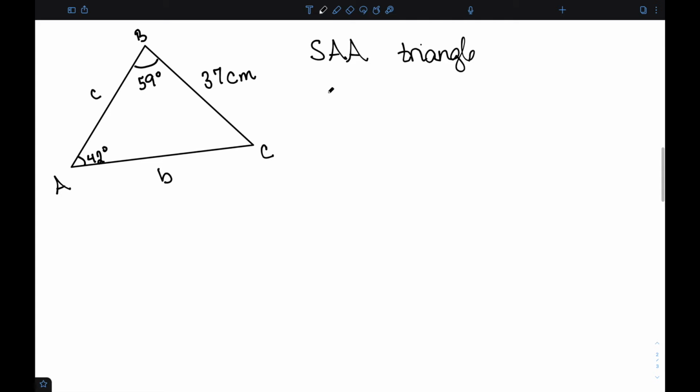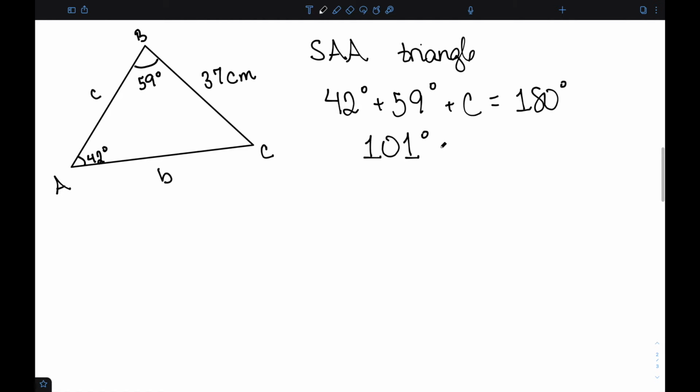We know that the angles of a triangle have to add up to be 180 degrees. So that tells me 42 degrees plus 59 degrees plus C is equal to 180 degrees. If I add these up, I get 101 degrees plus C is equal to 180 degrees.